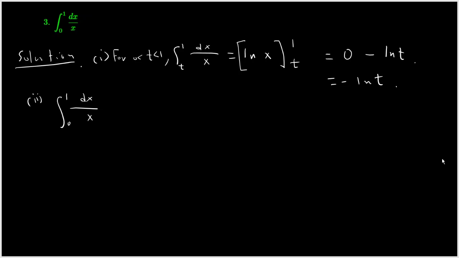You need to give the definition of the type 2 improper integral. I'm looking for this step. You compute the limit of the integral from t to 1 of dx over x. Actually, the key step is how to take the limit.